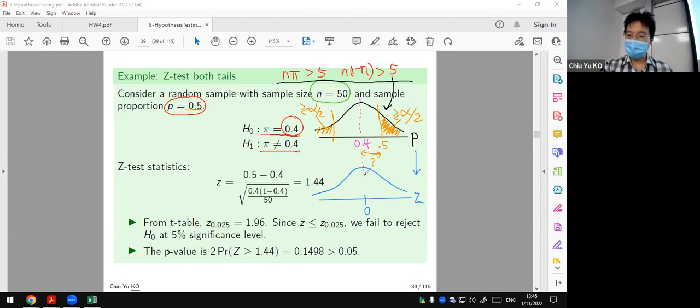But we just transform it to here, right? 0.4 becomes 0, and what is this 0.5? How can you transform this? It is this formula here. This number, 1.44, we call the test statistic. And how do you do that? It is just this minus this over this guy.